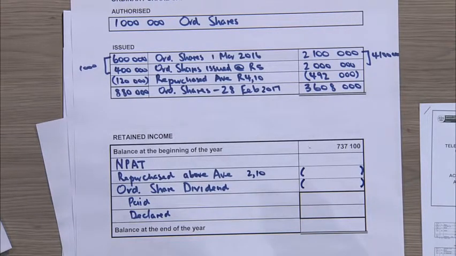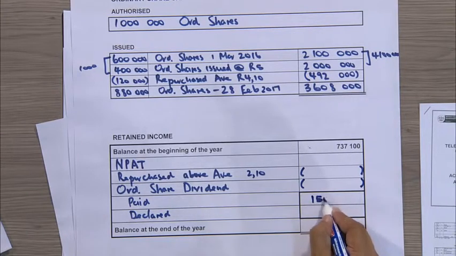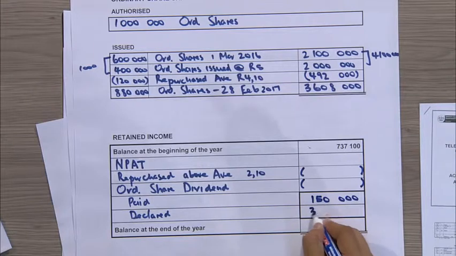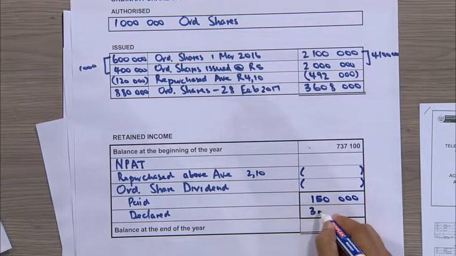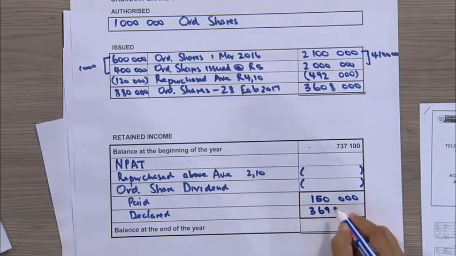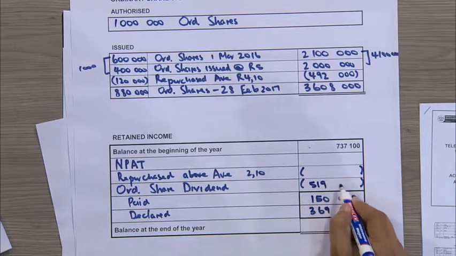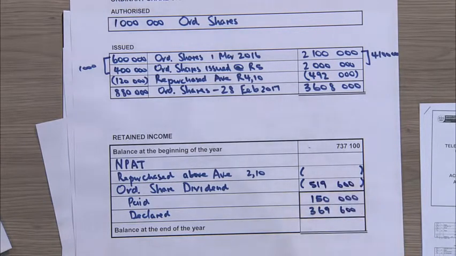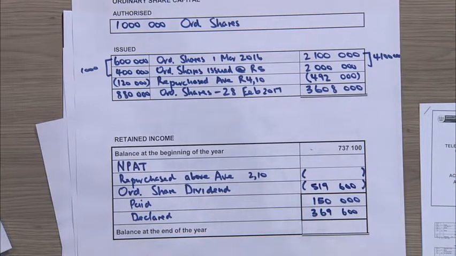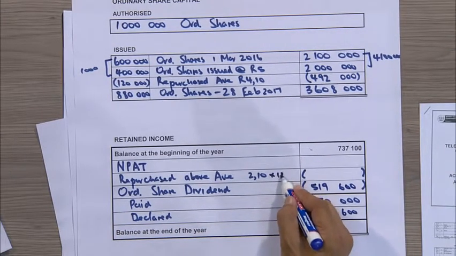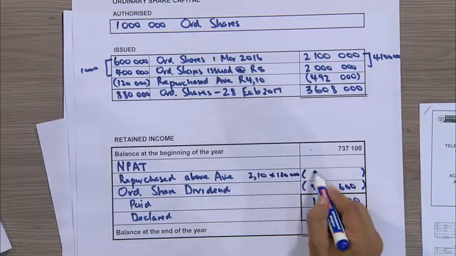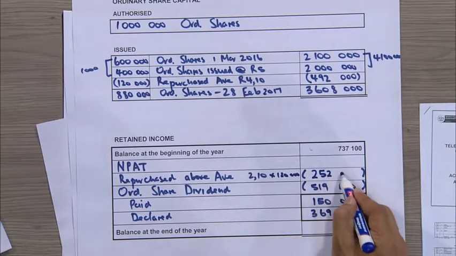The first dividend was 150,000. The second dividend was 369,600. And that total dividend came to 519,600. The repurchase, it was obviously times 120,000. That comes to 252,000.